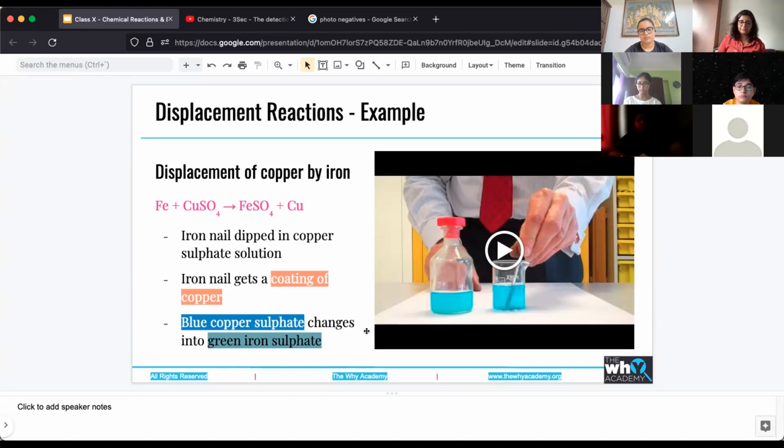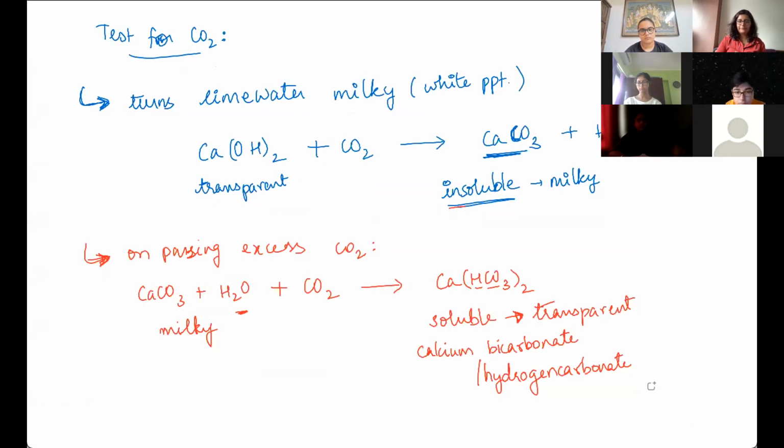Okay, everybody's done? All right. So if I use aluminium plus iron oxide. Okay, so figure out first if this reaction will take place or not.